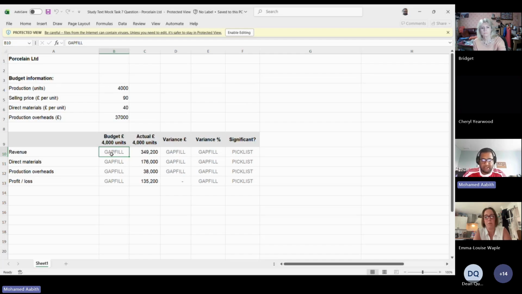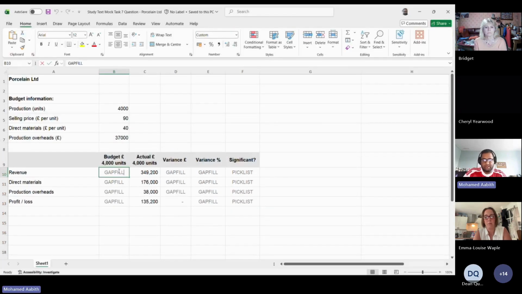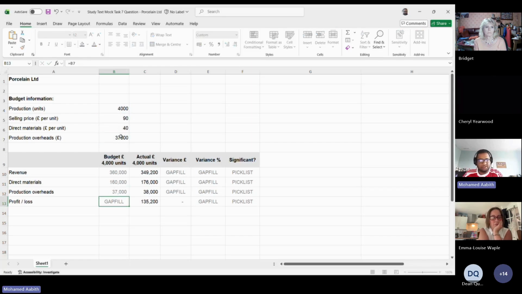So here the revenue is going to be equal to that times selling price. My material is going to be equal to that times 40 pounds from there. And the production overhead is going to be equal to 37,000 pounds.